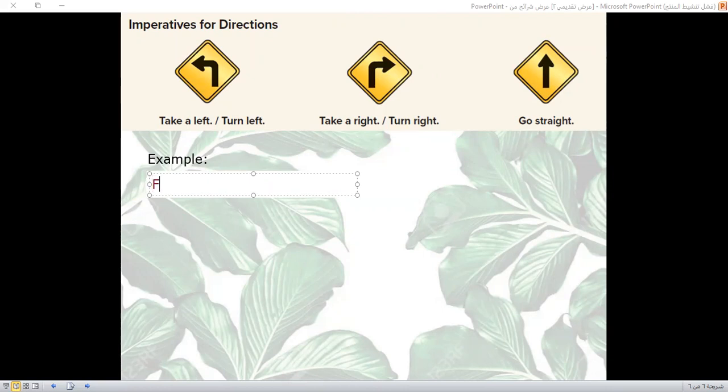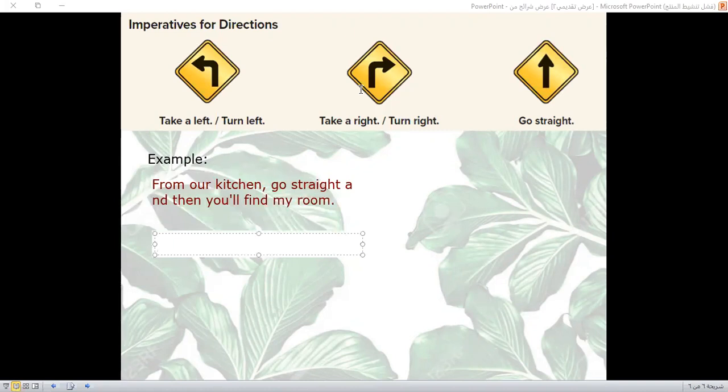So from our kitchen, go straight, and then we will find your room. Yes. You will find my room. Now we got the location of Farah's room. We used go straight. Now give me an example of others. Take a left or take a right.